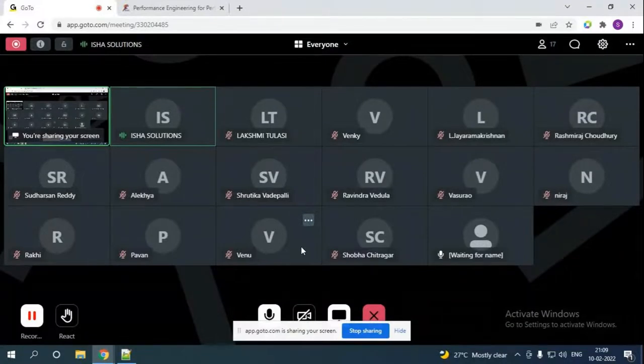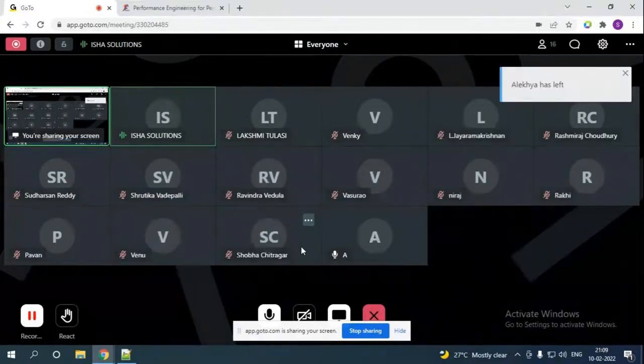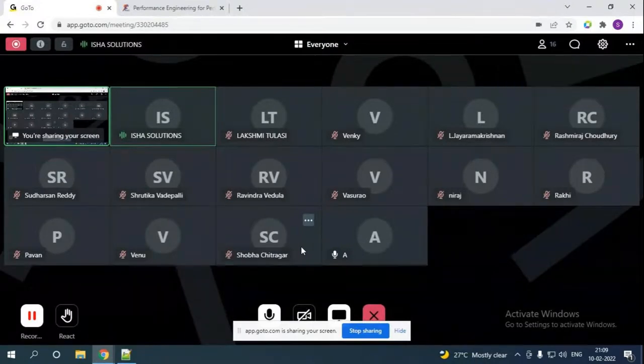Say, are you in a position to talk about heap dump, thread dump, garbage collection, do you know how to do infrastructure monitoring, single user performance testing, like that. Nowadays their expectation is towards that.